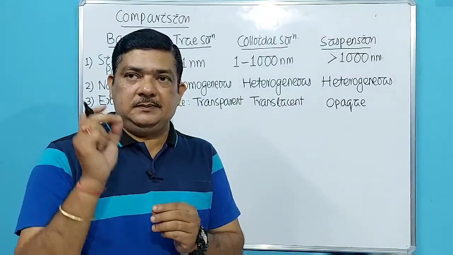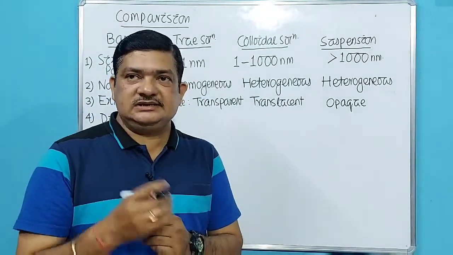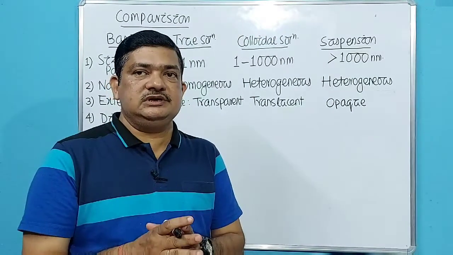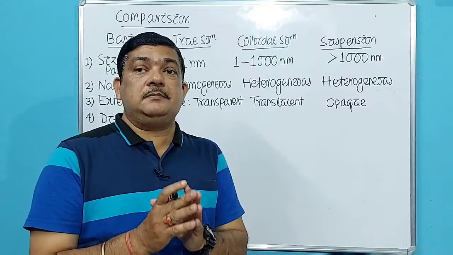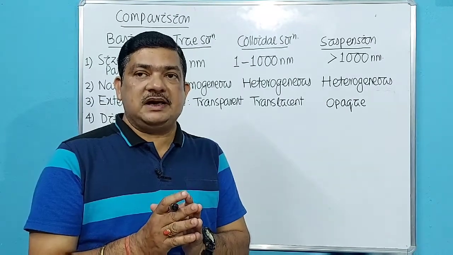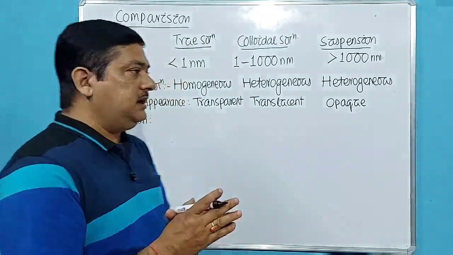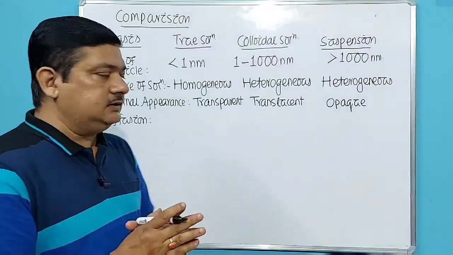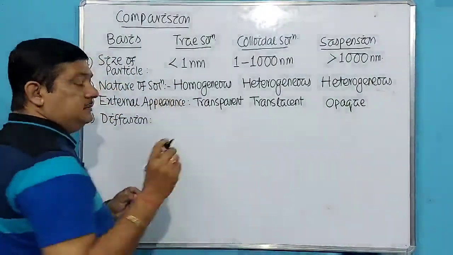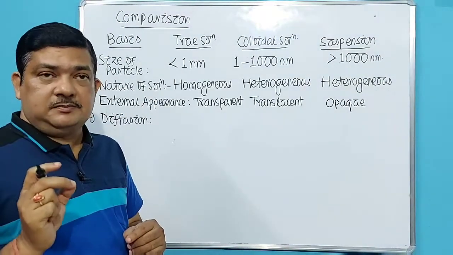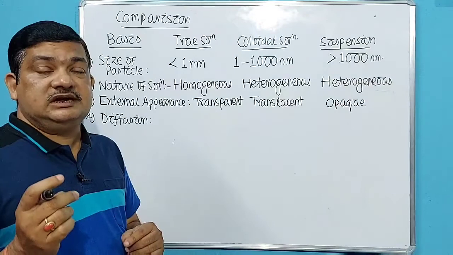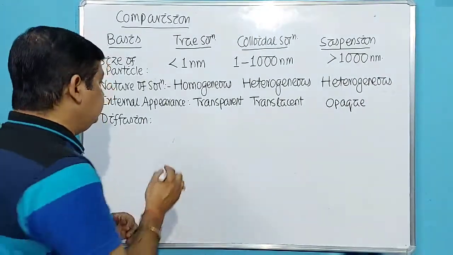One is filter paper having bigger hole size, which we use in the laboratories. Another is parchment membrane. A membrane made from animal skins is known as parchment membrane, having small hole size. And having intermediate hole size is your filter paper.